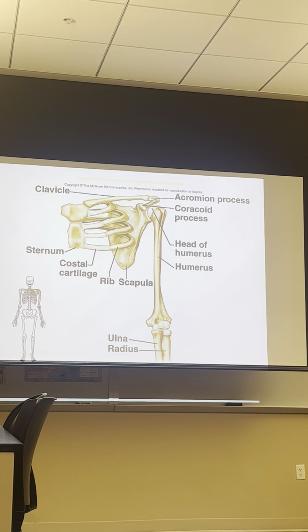Baseball, softball, tennis, swimming, volleyball, football, lacrosse, water polo. It's very, very easy for people to have issues of the shoulder girdle, and there are a lot of orthopedic surgeons who basically specialize only in issues involving the shoulder girdle.